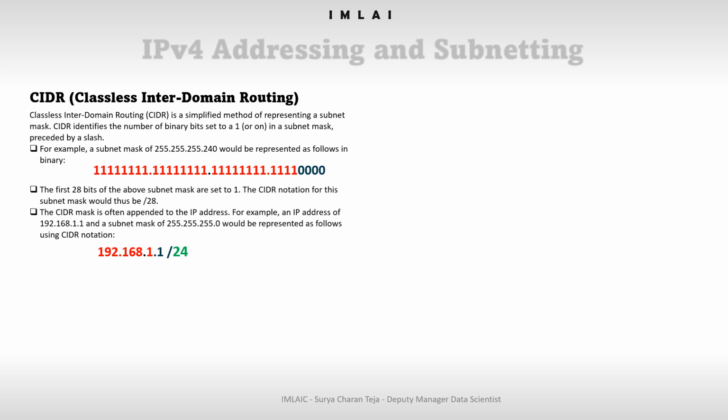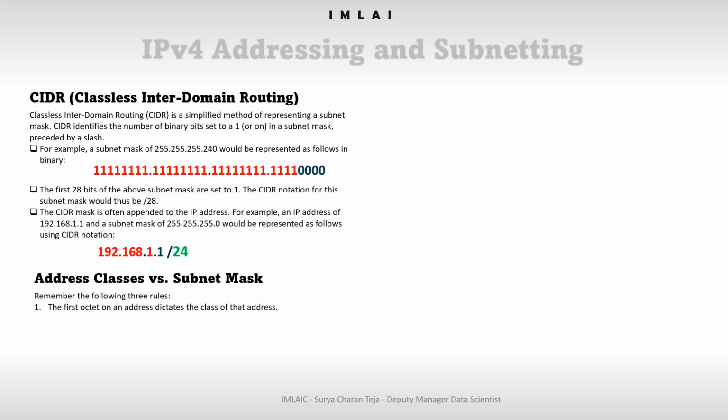Now let's look into the differences between address classes versus subnet mask, or the fundamental golden rules to be remembered whenever you deal with IP version 4 addresses and subnetting. The first one is the octet: the first octet of an address dictates the class of that address, and the subnet mask determines what part of an address identifies the network and what part identifies the host.